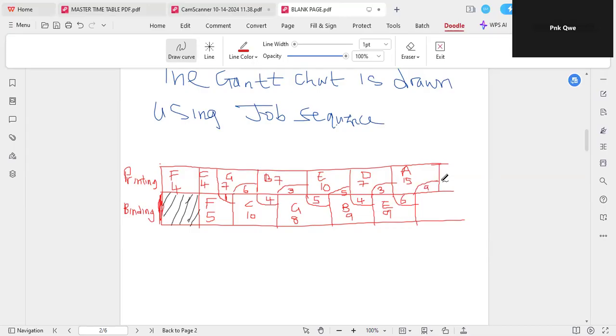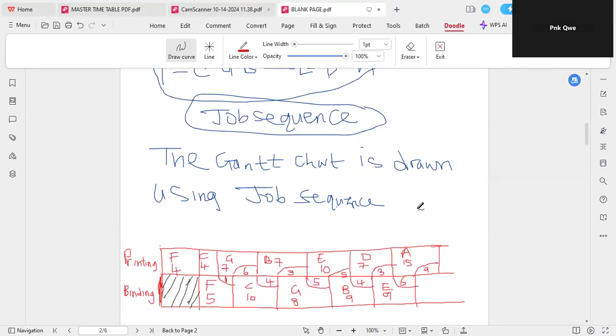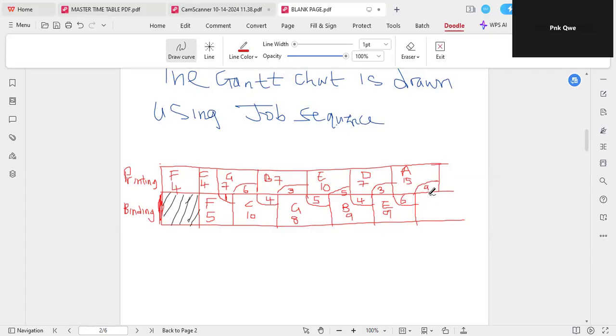Now, by the time they're finishing printing A, E is fully complete. D now, they should start binding. Binding D is taking 6 hours. So from 9, there is a 3.